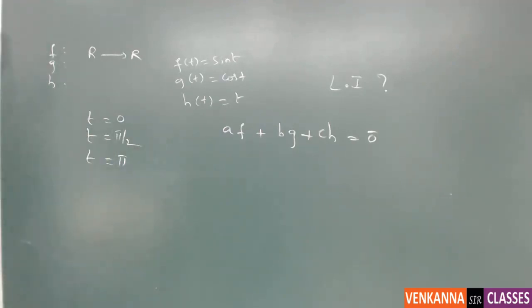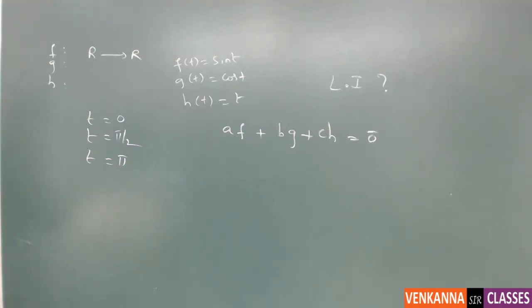Taking t values is at my will, because depending upon the functions I am taking t values, because the domain is taken as R, codomain is also R. Based on the function values, I can pick up any value in the domain. So, in order to get the values of a, b, c, we must have a system of equations.